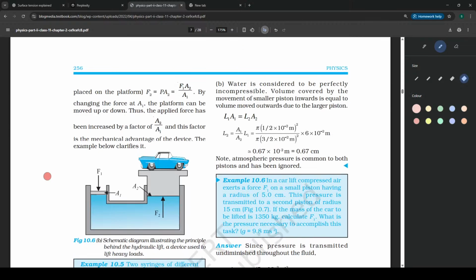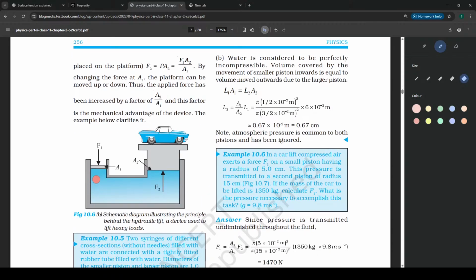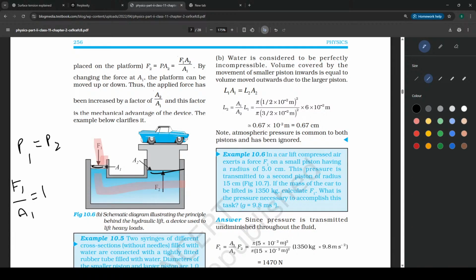Basically, here, this is fluid at rest. We know that if we apply pressure here, it will be transmitted to all points of the fluid. And if we take two pistons here, the pressure at point 1, this surface here, and this surface will be equal because of Pascal's law. Pressure, which is force by area, gives F1 by A1 equals F2 by A2.